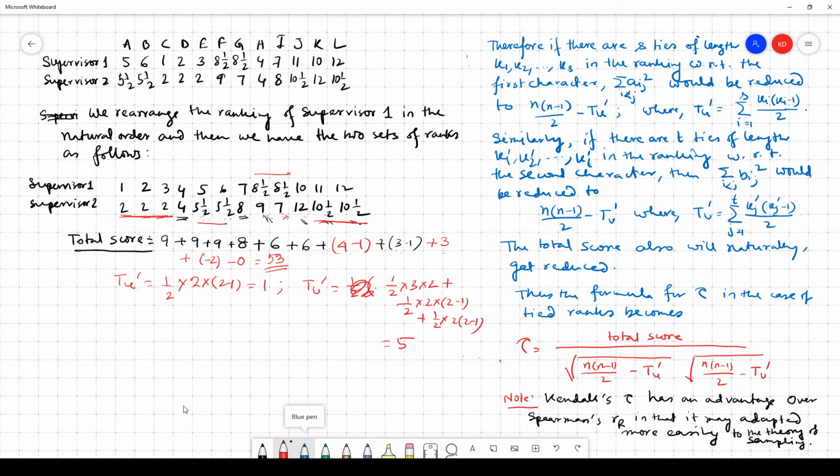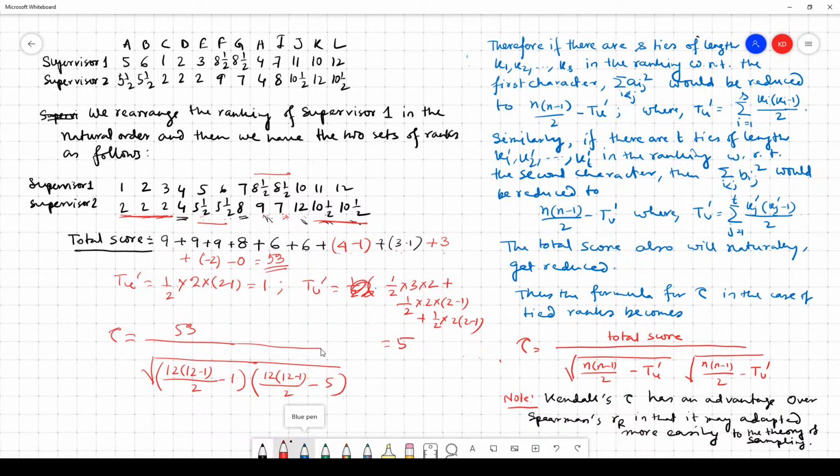So please tell me total score. Do you get total score 53 or other? Please tell me. And according to my calculation, I get TU dash equal to 1, TV dash equal to 5. Then compute tau. Total score is 53, and then 12 into 12 minus 1 by 2 minus TU dash, which is 1, and here it is 12 into 12 minus 1 by 2 minus 5.